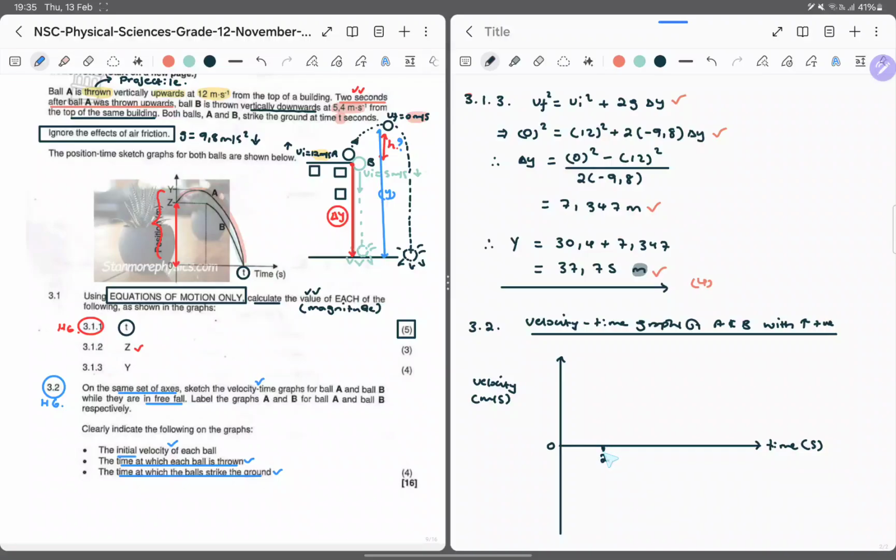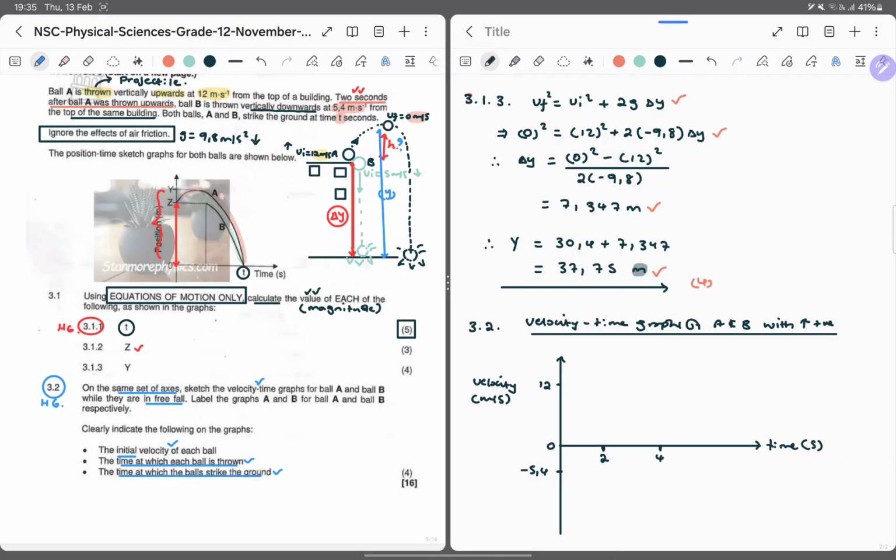That it all ends at 4 seconds. We can double this to here. Say that's 4 seconds. That's already okay. But remember, the directions of launch were different. So we can say this is the 12. Because this was upward, it's going to be positive. We can say this is the 5. So this is minus 5,4. Well, that was the downward. So this is very key.